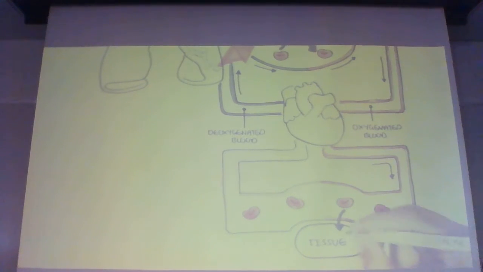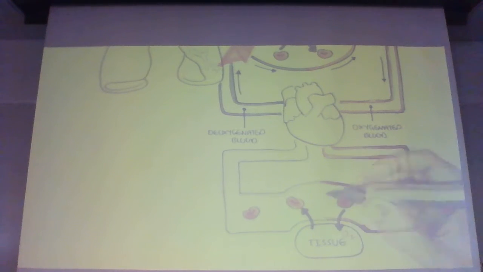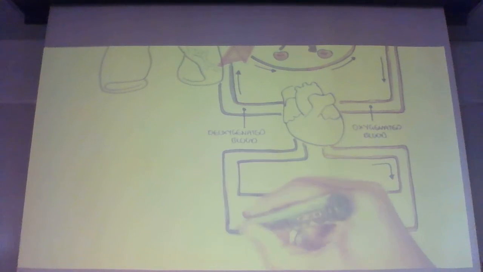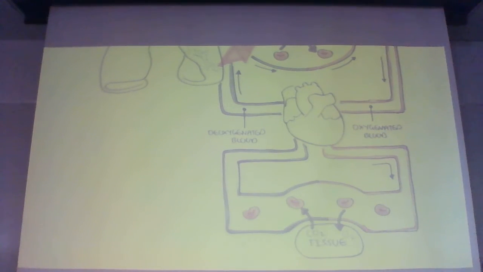The organ tissues then use up this oxygen to help create energy in the form of ATP. Now, as a process of creating this energy, ATP, the organs, the tissues will form a byproduct, which is carbon dioxide. Carbon dioxide is then made and is actually expelled into the bloodstream as exchange, you could say.